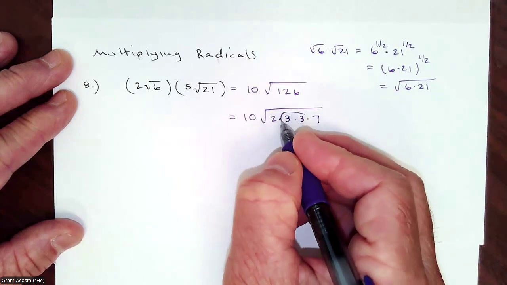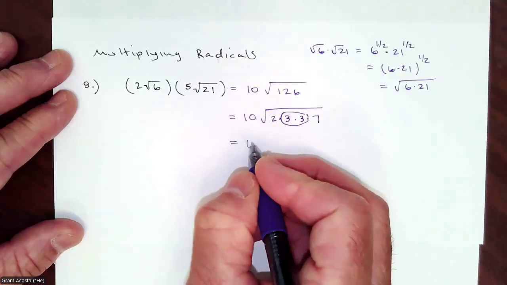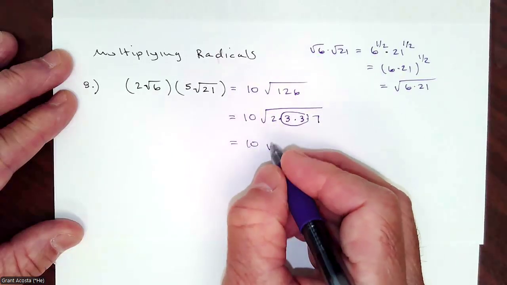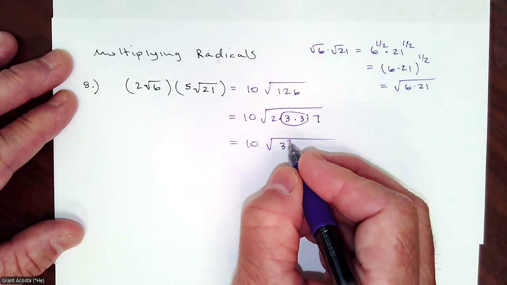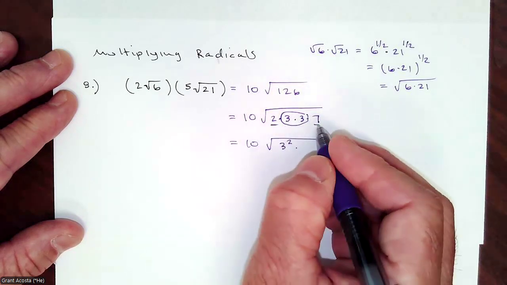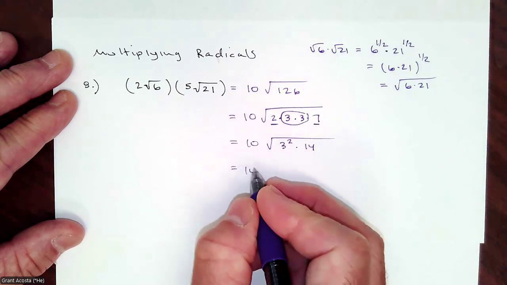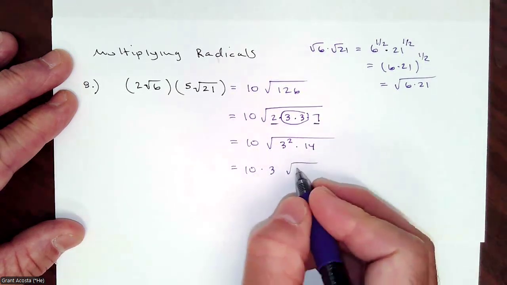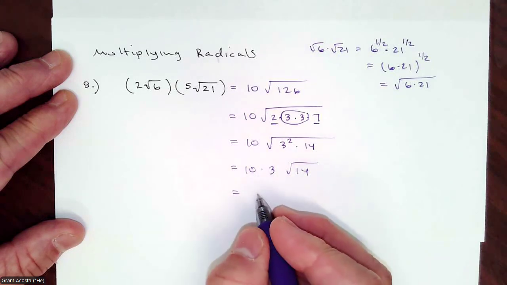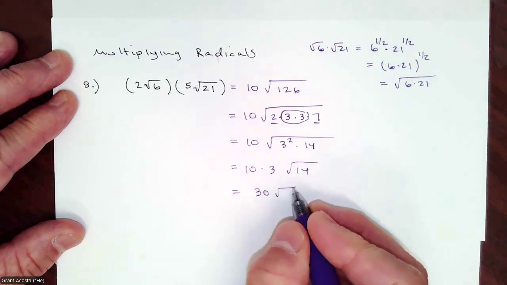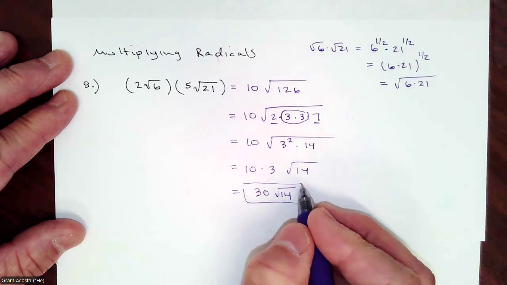And notice that there's a pair of 3's. So this is the same as 10 times the square root of 3 squared times 14. And that's going to come out as a 3, which I can multiply with the 10 to become 30 times the square root of 14.